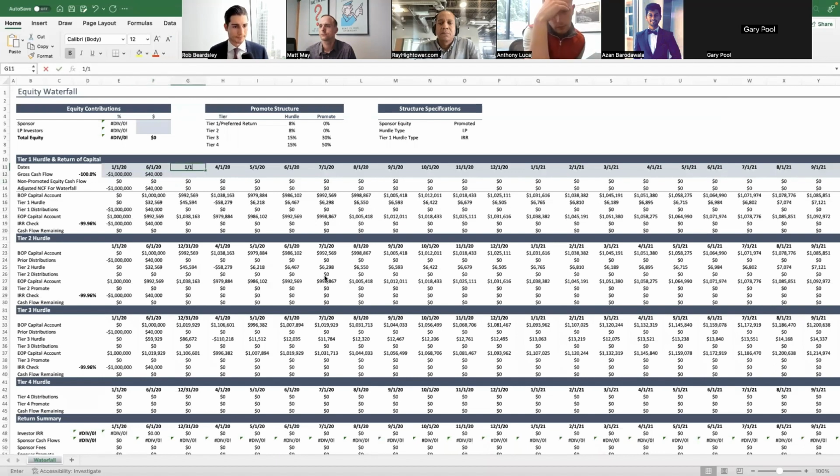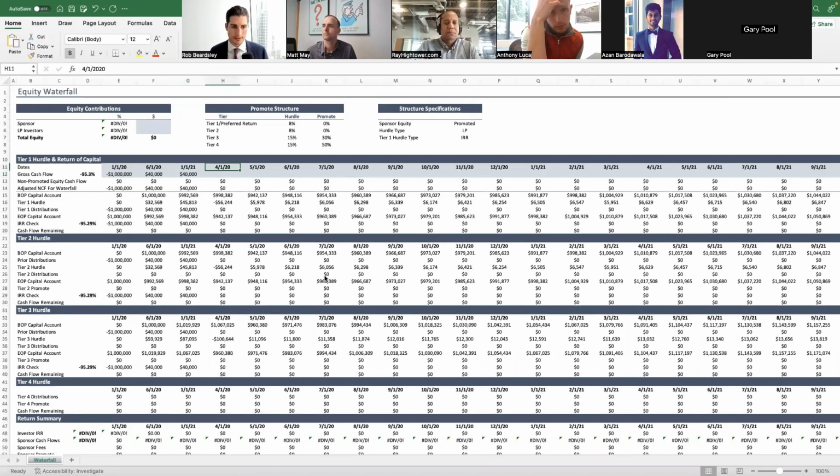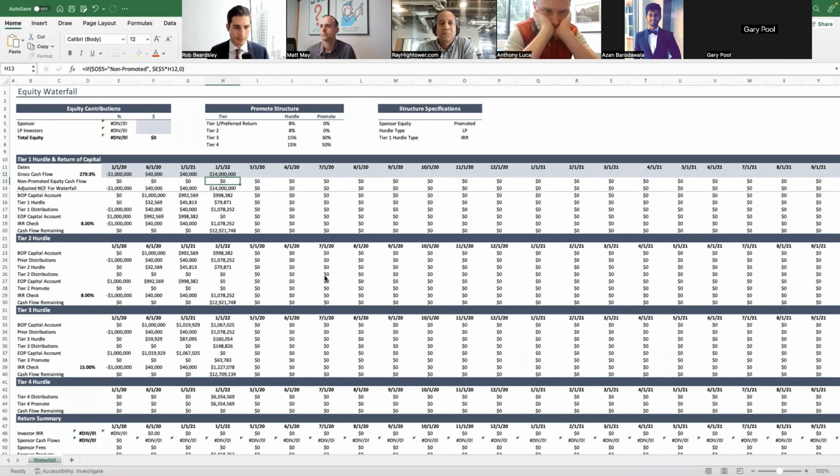And then again, in January, we have another distribution of $40,000. And then let's say we end up selling the deal on January 1st of 2022. So 2 years later, we sell the deal and we get the original investment back, and let's say some profits as well. So let's say, 1.4 million. So it's a pretty good deal. Not that good of a deal, but this deal, right?